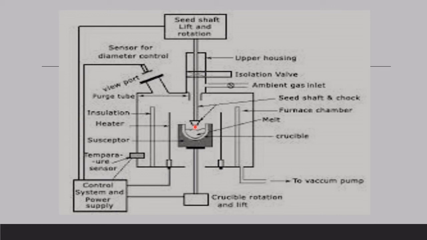The ambient is very important in a crystal growth system. First of all, realize that I am using a graphite susceptor and a graphite heater. Therefore, there must not be any oxygen inside the system. The other thing is, of course, it should not react with the silicon.